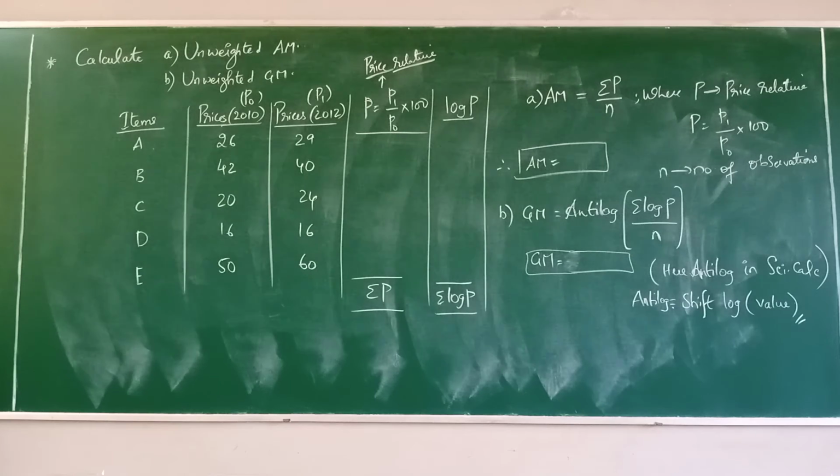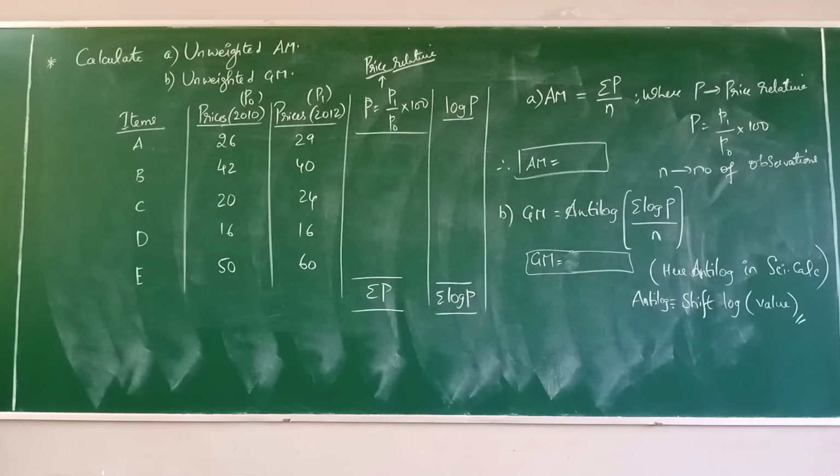I think this is a 1 mark question: why is arithmetic mean greater than geometric mean? This one question will be asked. What do you need to write here? Arithmetic mean gives greater weightage to bigger items, so that the arithmetic mean would be higher than the index numbers using geometric mean.